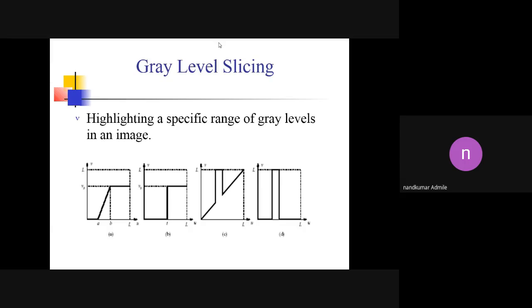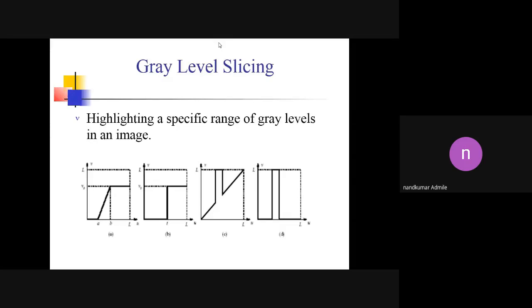As we consider the different regions, here we can consider four types, that is A, B, C and D. In this case we can highlight only those particular gray levels. If we take an example of one image, let us consider an image having a size of 256 by 256.